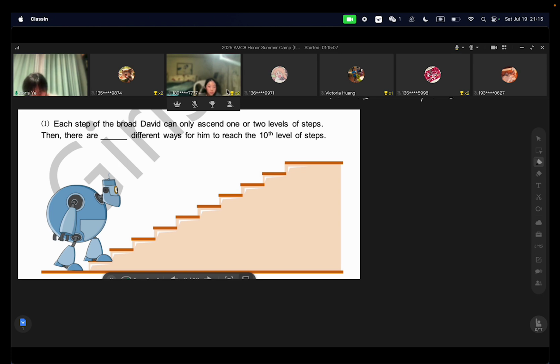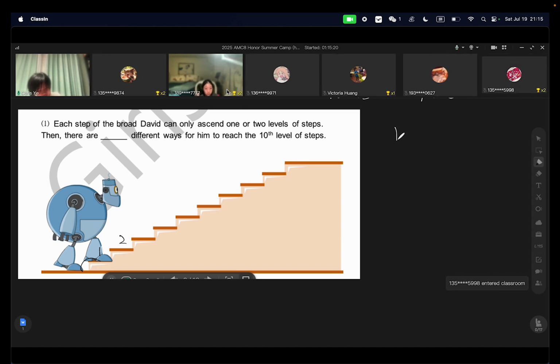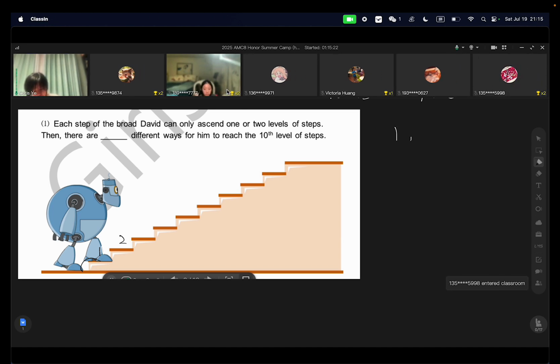To do this problem, this is the first step, then this is the second. There is one way to get to the first step, so let's write that down as 1. For the second step, there are 2 ways: he can step up 1 at a time, or he can do 2 at once.